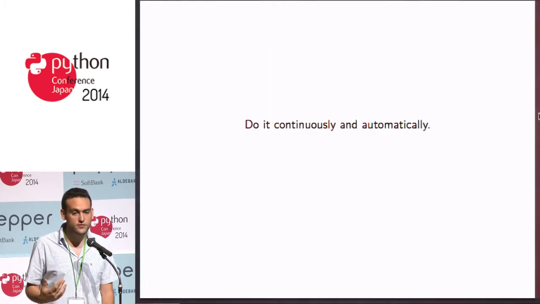Another important thing is that you should be doing it continuously and automatically. There are many ways to do that. For example, if you have a continuous integration server, you could have a step which is the static analysis check on the whole source code.